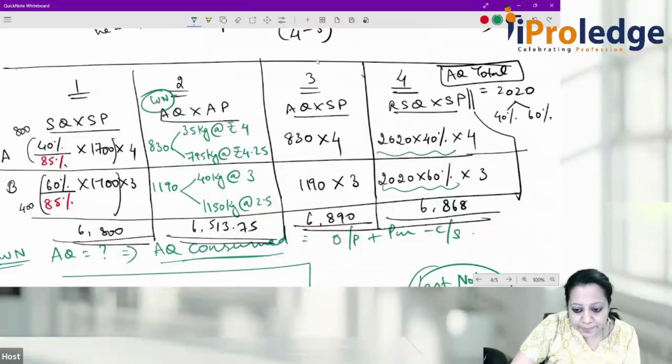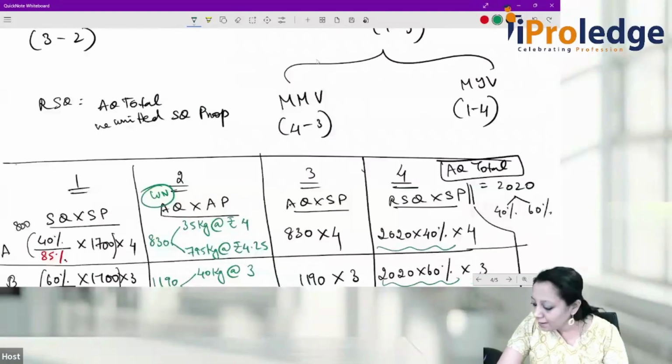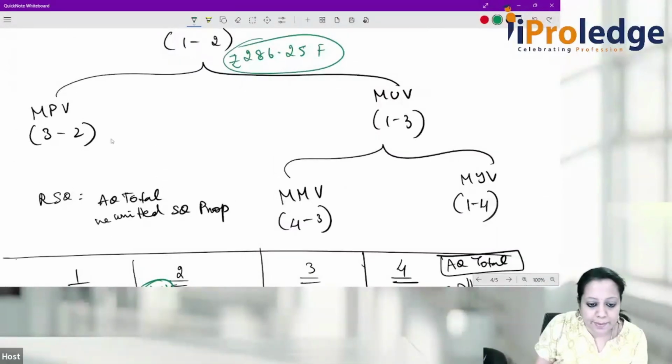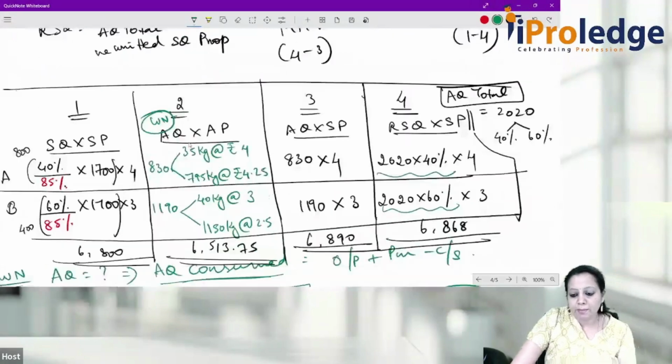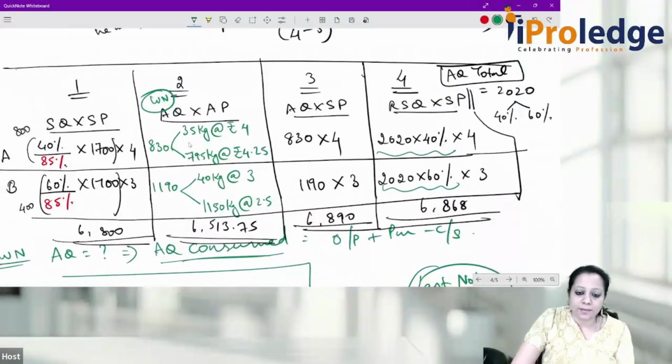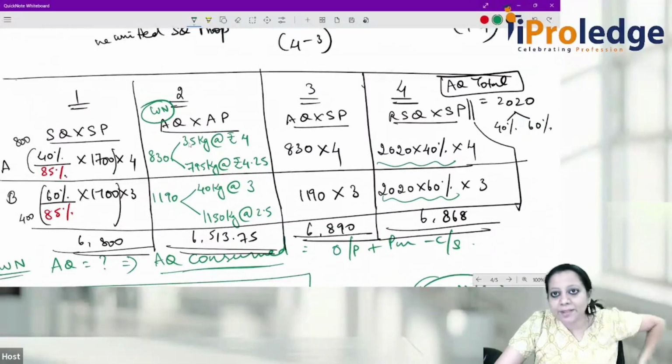Then 3 minus 2: 6890 minus 6513.75 is 376.25 favorable. Then usage variance is 1 minus 3, which is 90 adverse. Correct.